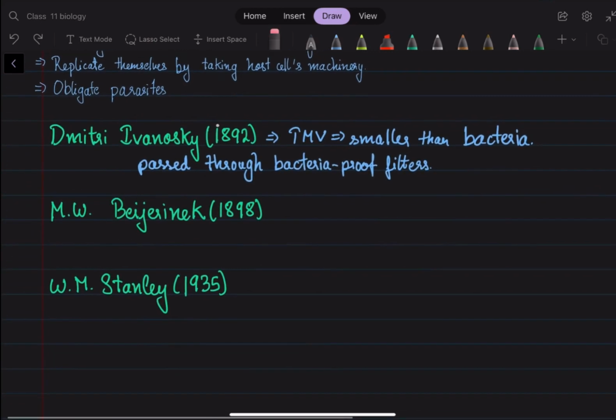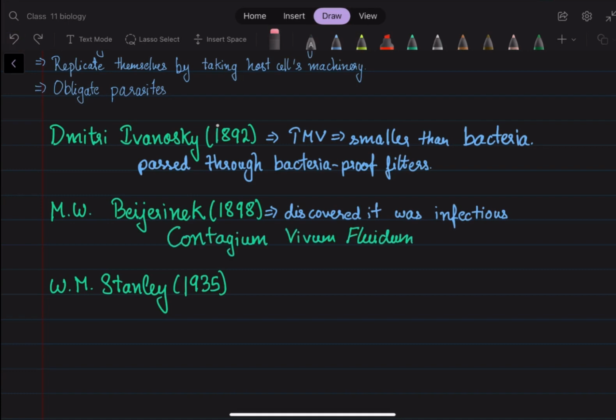Later, in 1898, M.W. Beijerinck took an extract from the tobacco mosaic plant and found that it could infect healthy plants, so he concluded that it was infectious in nature. Hence he called it virus, which means venomous fluid, and he also called the fluid contagium vivum fluidum, which means infectious living fluid.